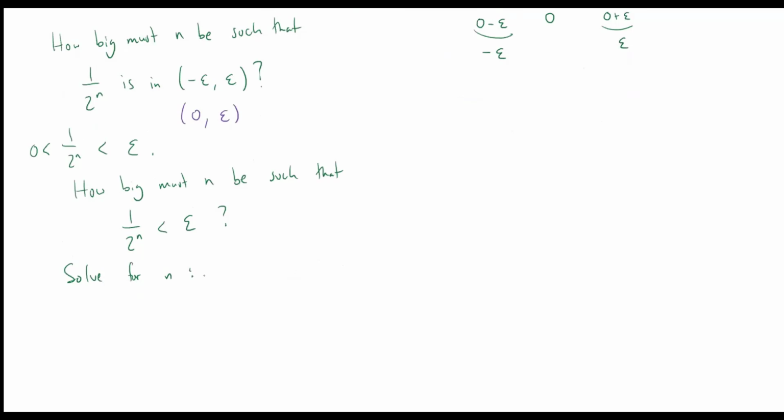Okay. Well, one thing I could do is just swap the 2 to the n and the epsilon, right? I'll multiply by 2 to the n and divide by epsilon, and everything's positive, so I won't change the inequality. So 1 over 2 to the n less than epsilon is equivalent to 1 over epsilon is less than 2 to the n.